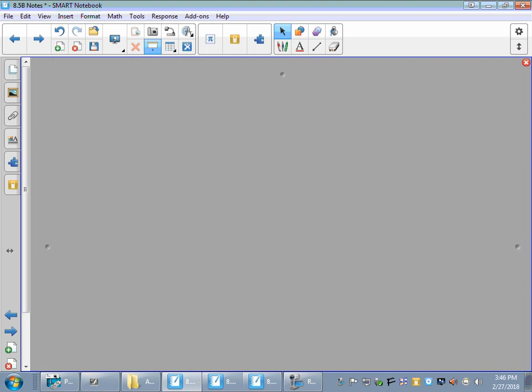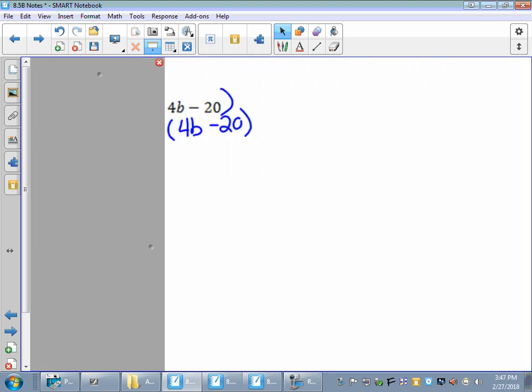Now let's look at our second half. I have a 4b minus 20. If you would like to prime factorize, pause now. Otherwise, here your greatest common factor is going to be 4. 4 goes into 4b, 4 goes into 20. They don't both share that b.